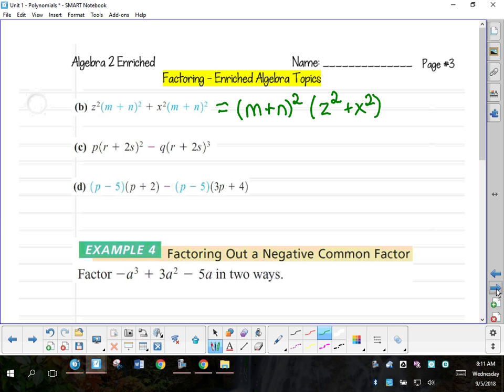Hands up if you can tell me what you think your GCF is going to be. We think our GCF for this group would be P minus 5.